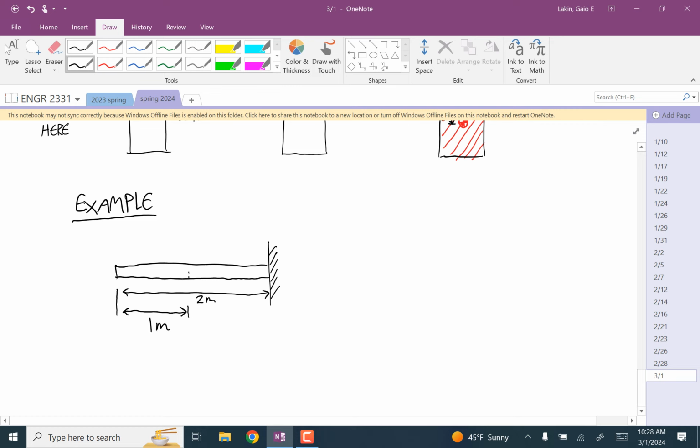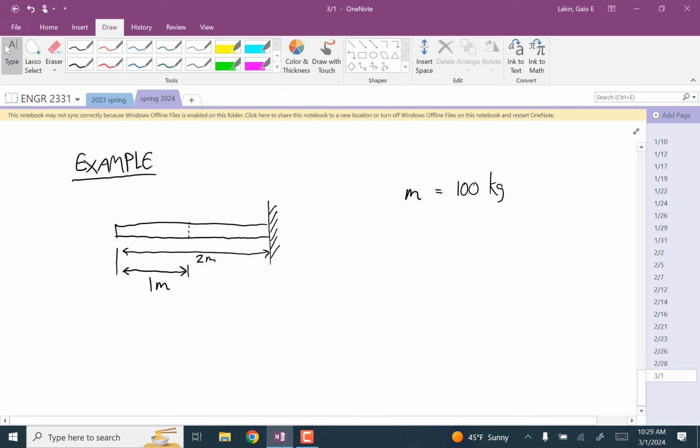So we want to calculate a stress there. We're going to say that this has a mass of 100 kilograms. I don't know what the density of this material would have to be for that to be possible, but just bear with me on that.